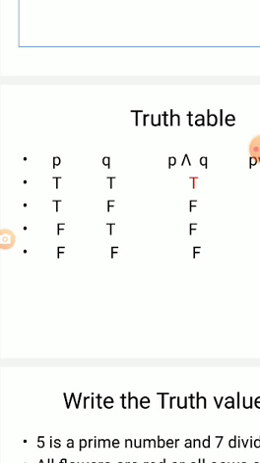First column, T T T T 4 times for P, and next for F. In the second column for Q, we write two T's together. They are grouped in two. So T T, next F F, then again T T F F, and in the third column we write T and F alternately. So like that we will have 8 rows.